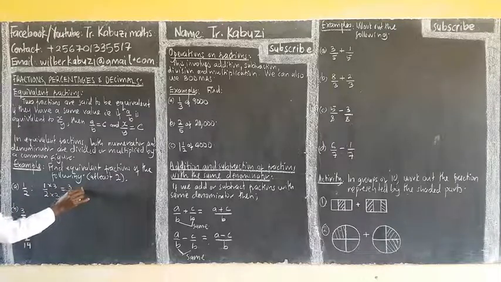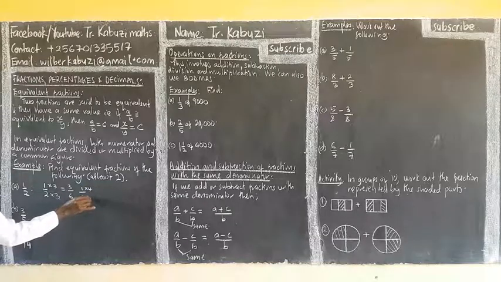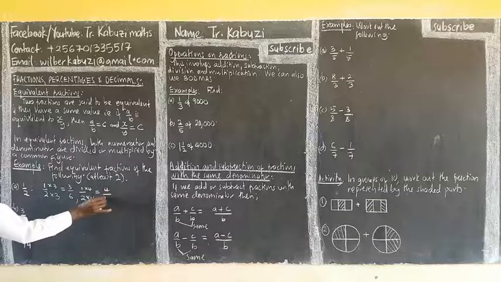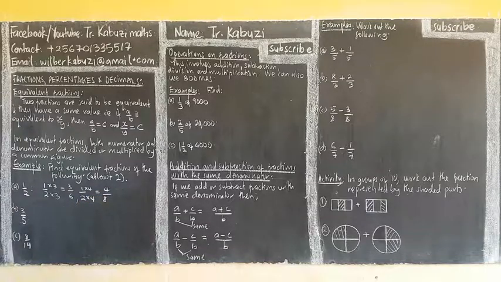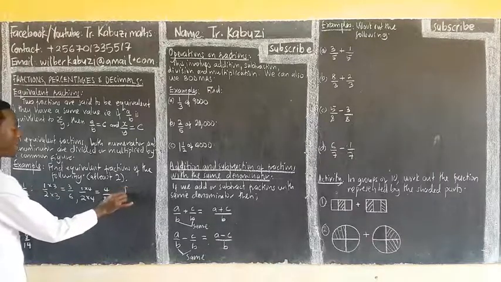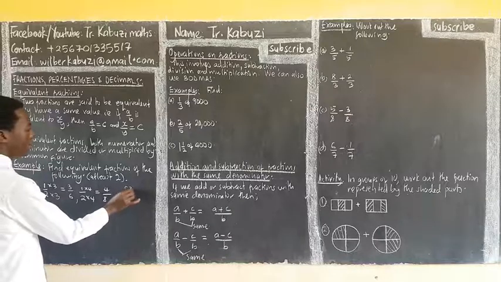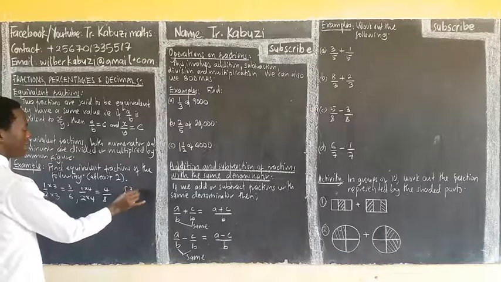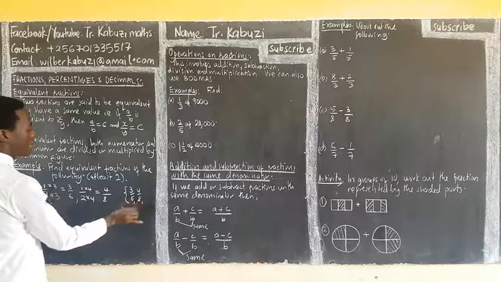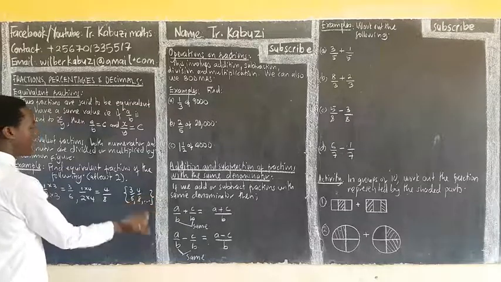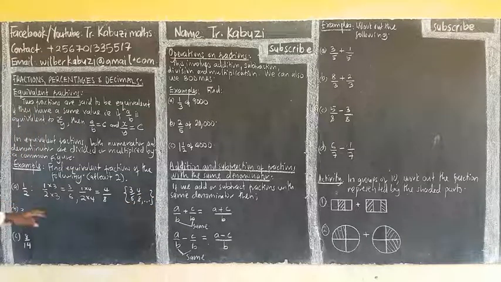I can also get 1 over 2, I multiply this side by 4, I multiply this side also by 4. So this will give me 4 over 8. When you place this on the calculator, it's going to give you the same answer as this. So here the equivalent fractions are 3 over 6, 4 over 8, you can give others. So these ones are equivalent to this.